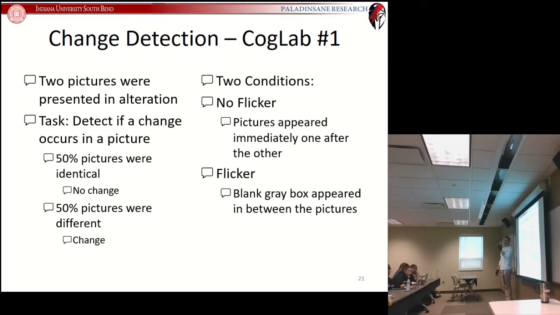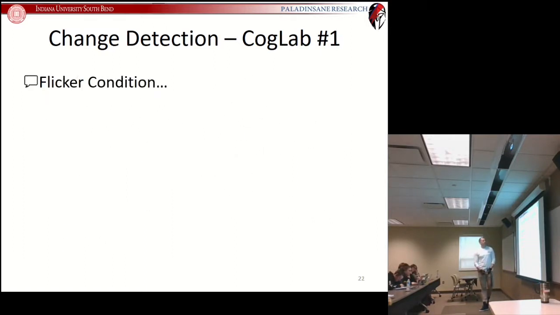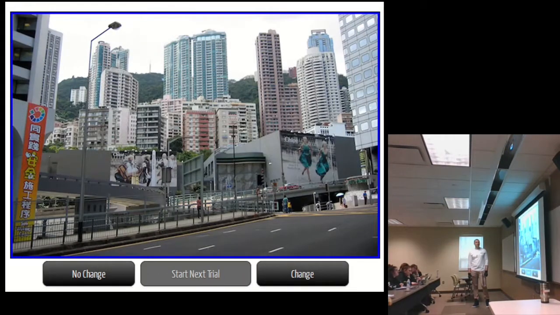So it would be picture number one, gray boxes, picture number two, gray boxes, picture number one, gray boxes, picture number two. And the question was, in which of these conditions would you be more accurate, or quicker to notice the change, to detect that difference, or to decide that there was no difference? All right, so the flicker condition kind of looked like this.